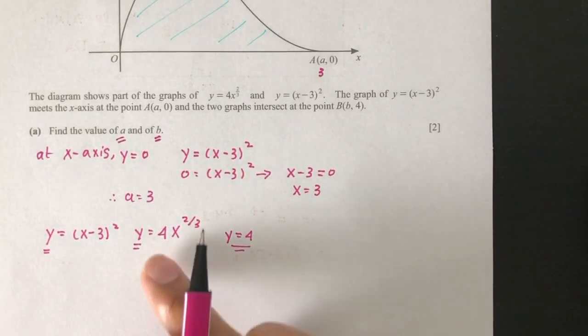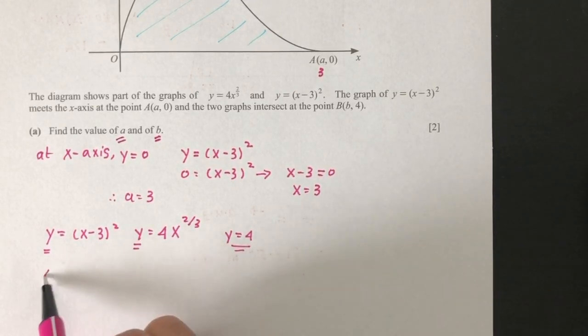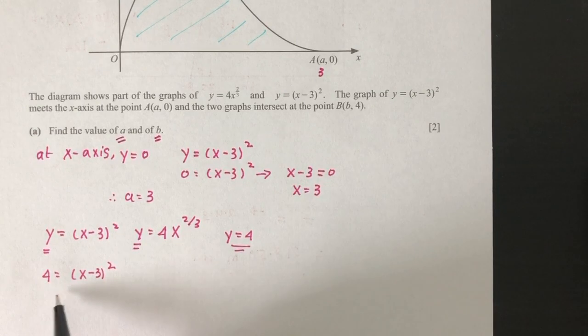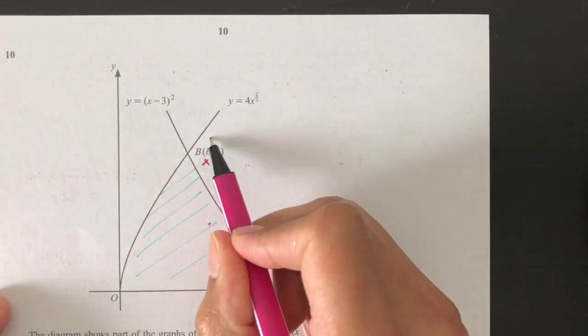Let's choose this one. You have 4 equal to (x minus 3) squared. That will become plus or minus 2 equal to x minus 3, and this will become x equal to 5. So this value here will be 5.